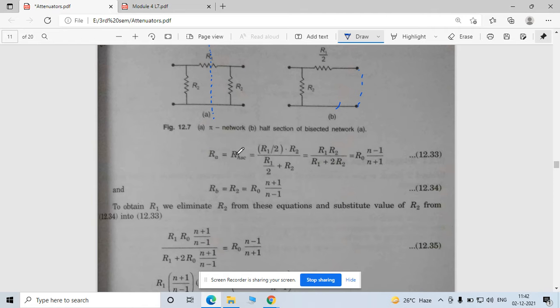Now solve that, you will find R naught times n minus 1 divided by n plus 1. In the same way, you can also find RB by making these two terminals open circuited. Once the terminal is open, what is the RB value? RB is nothing but your R2. Simple. This terminal is open circuited, so no current flows from this node, so that is 0.